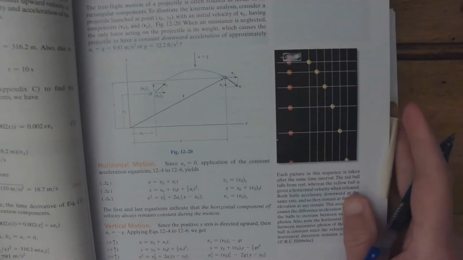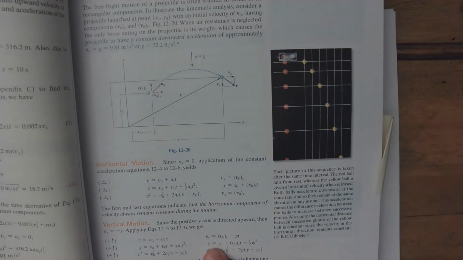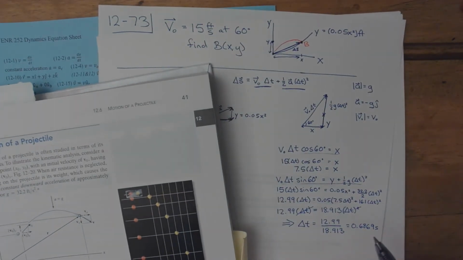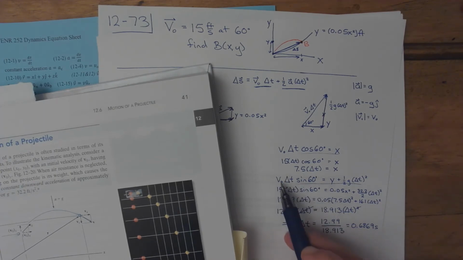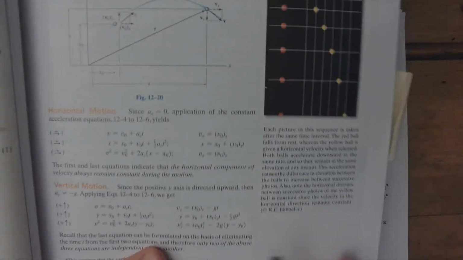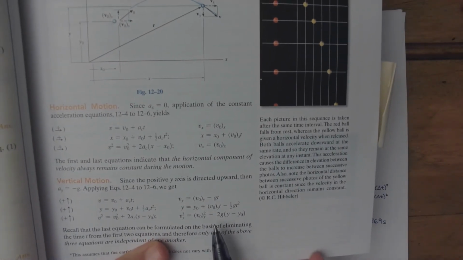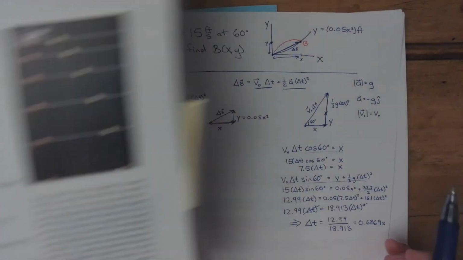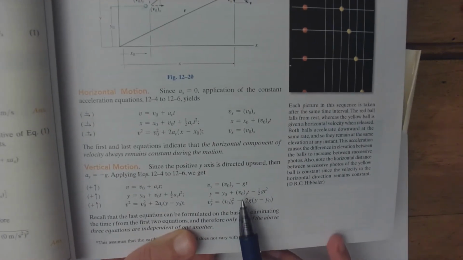Okay, so here, when we look in the vertical direction, let's just say y naught is equal to 0. Okay, so we have the y component of the velocity times t, but that is what we had here. The y component of the velocity would be v naught times sine of 60 degrees times delta t. So if you're using the equation from the book, it would be positive on this side of the equation.